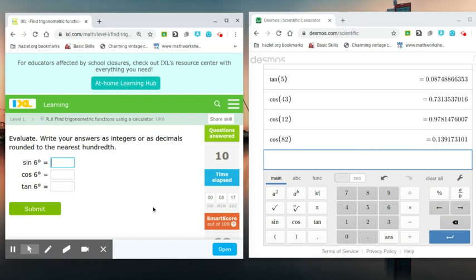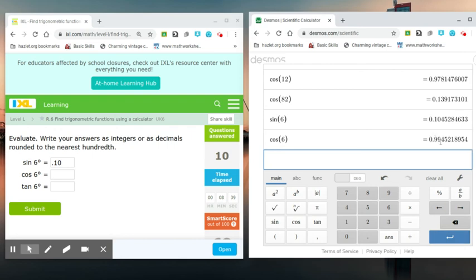Okay, and then they make you do this chart here for these. So it's just practicing everything. This was on the last one too. So sine 6 is 0.10. We don't have to round up because of that 4. Then they make you do cosine 6.